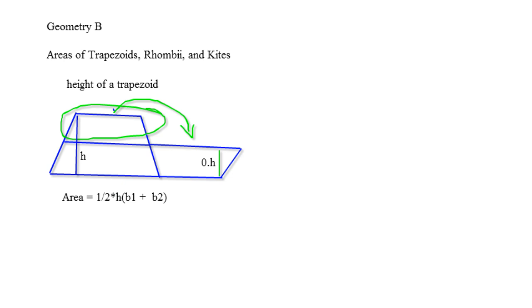Now, the other part is that this is base 1 here, and this is base 2 up here, which I've moved down to here. If you think about it, a parallelogram is just a little bit of a shifted rectangle. So now I have my total base, which is base 1 plus base 2, times half of height.